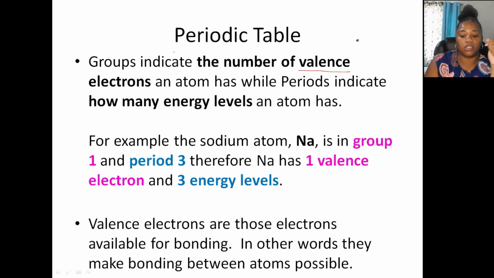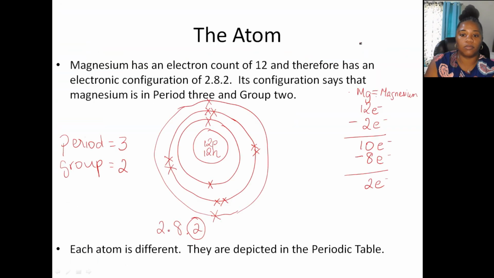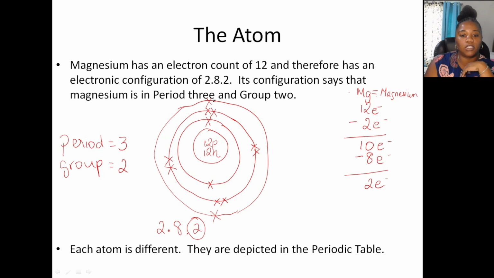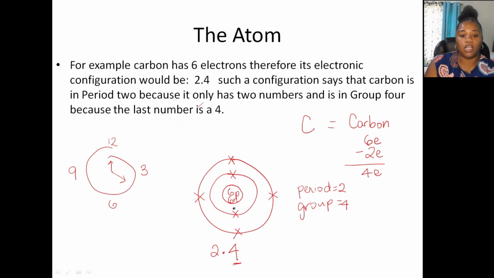For instance, carbon has 4 valence electrons and it's also in group 4, whereas magnesium has how many valence electrons? 2. So those 2 electrons are available for bonding, and these 4 electrons in carbon are available for bonding.